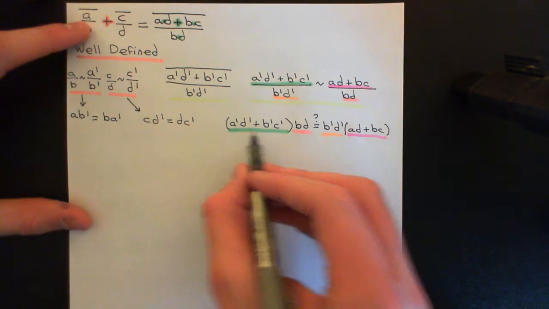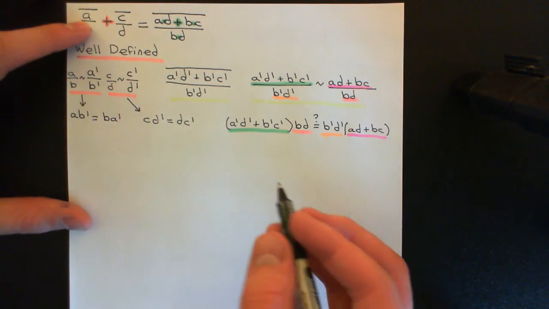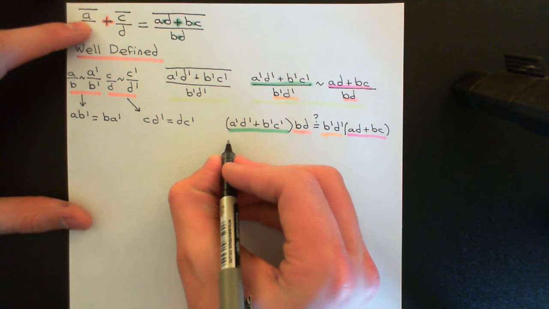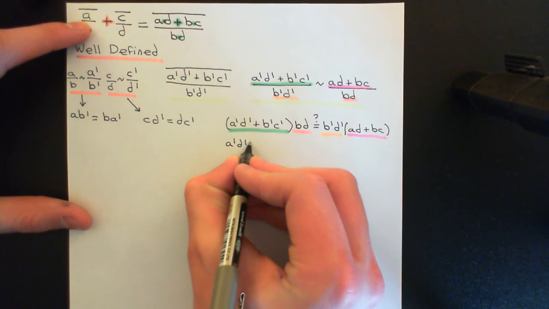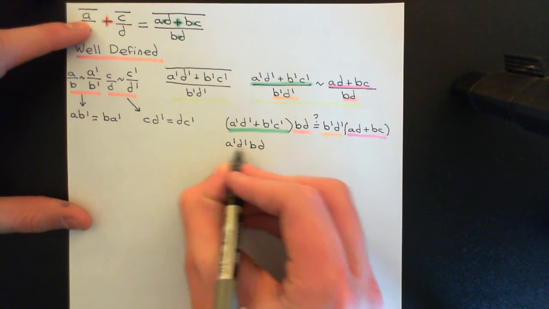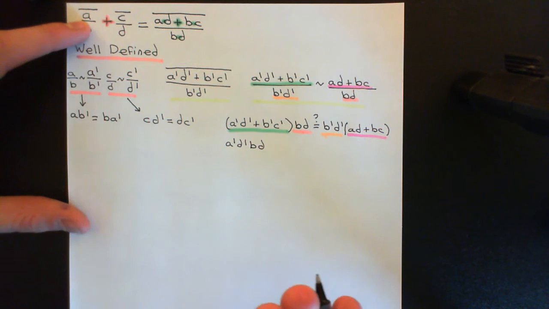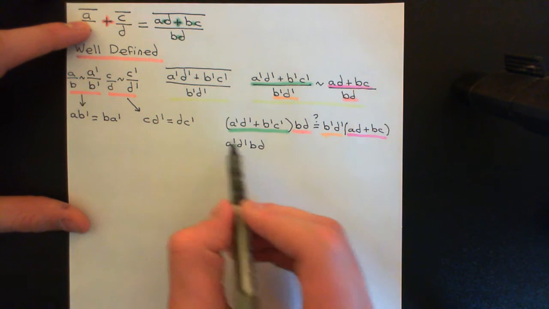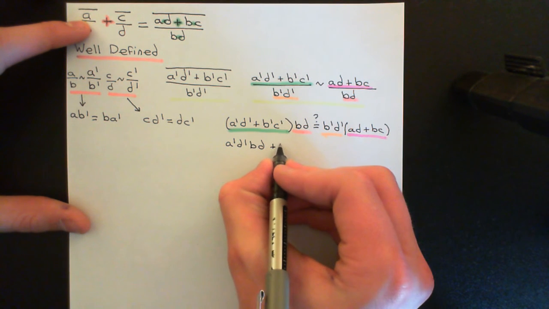Okay, so let's multiply both of these brackets out using distributivity that will work in the domain here. So we will apply distributivity here and we'll get a prime d prime times bd, and I'm using the fact that multiplication obeys associativity in an integral domain, so I don't need to bother putting brackets in. I can just have 4 things multiplied together in a line like that.